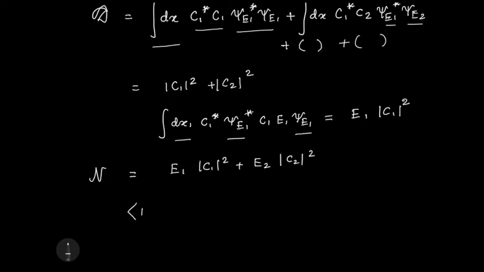So the expectation value of the energy is E1 C1 mod square by C1 mod square plus C2 mod square, plus E2 C2 mod square.